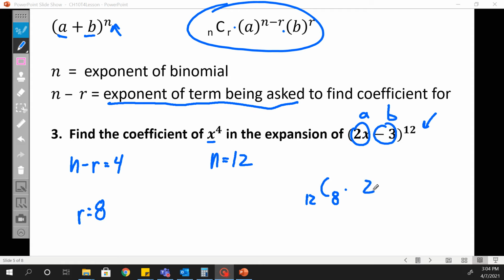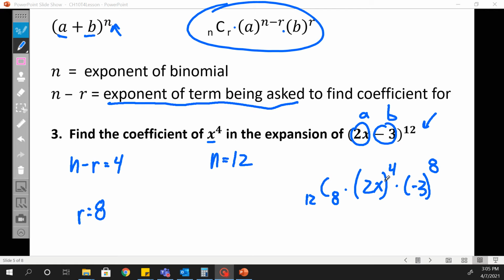So it'd be 2x raised to the n minus r, which we know is 4, times b, which is negative 3, and that's raised to the r, which is 8. And this will give us the coefficient of the x to the fourth term. Well, I mean, it'll give us the entire term, and we can use that to find the coefficient.